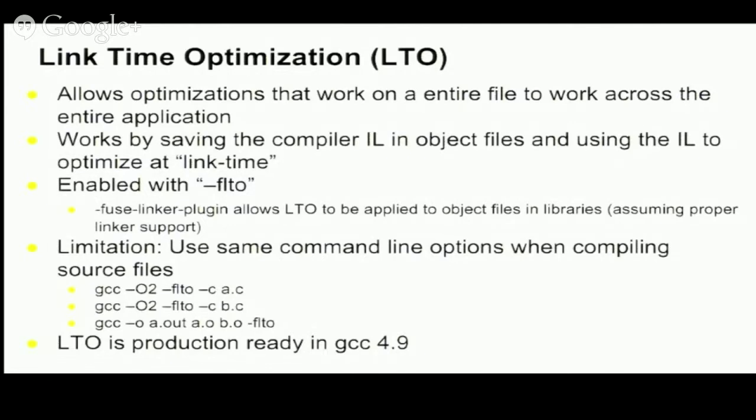And I was wondering if you had any time to look into how long the link times were and how much memory they used. In general, from what I've seen, when LTO first came out, it was pretty prohibitive. I know that they have it so that it is reasonable now, but it's going to be directly proportional to the size of your application. I don't know the sizes off the top of my head.